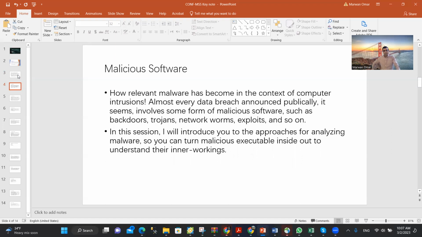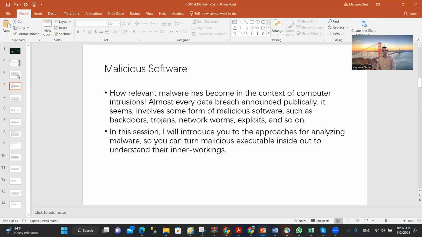Malicious software. What is malicious software? That's basically malware. Malware or malicious software, again, we use these two terms interchangeably. How relevant malware has become in the context of computer intrusions or cyber attacks.